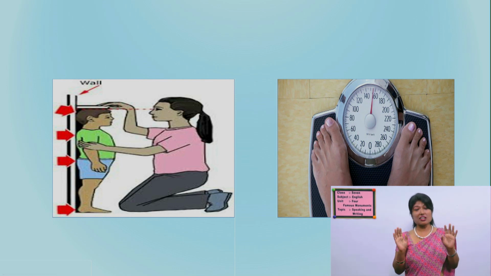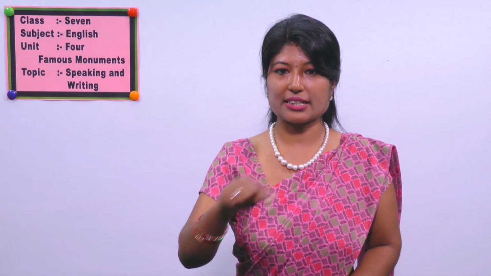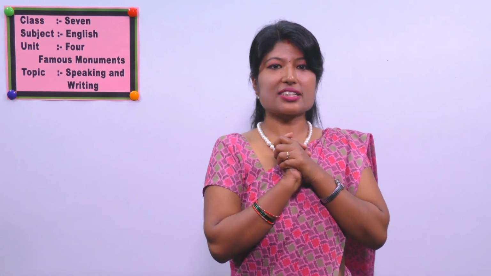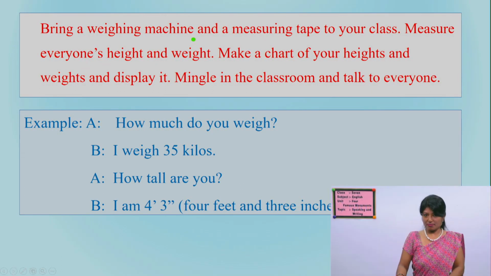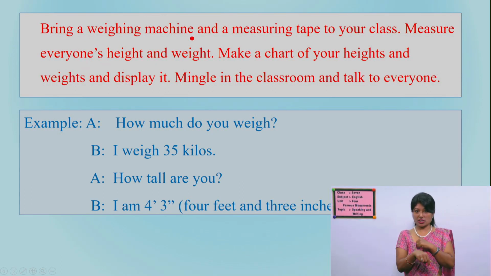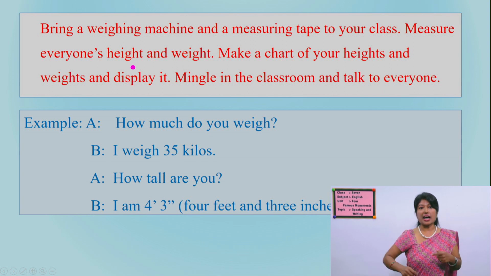Now there is an interesting task to do. Listen, so this is measuring height and weight. After this, see what an interesting task to do. Bring a weighing machine that I showed you before, and a measuring tape to your class. Measure everyone's height, and then weight.